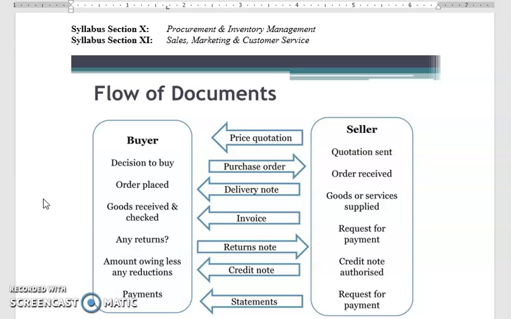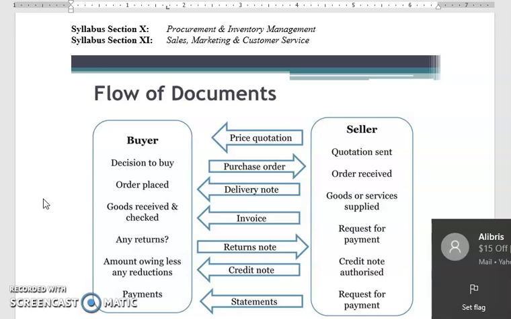Upon the time that a decision has been made or an agreement has been reached, the seller requests payment for the order or the goods supplied. These payments may be made by the buyer in the form of a check and then the seller issues a receipt.